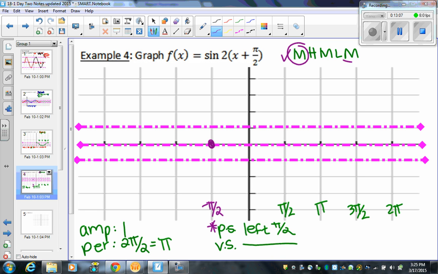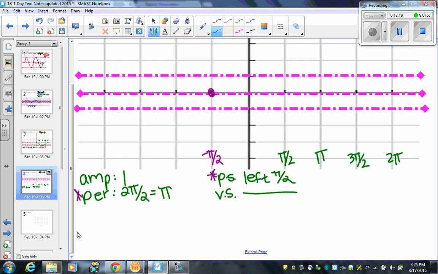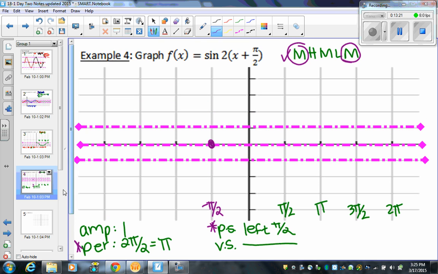Now we want to go to our last midline point. So our last point is how many units away? Well, that's determined by our period. We had a period change, and our period is pi units. So how many spaces is pi units? Well, that's 2 spaces from 0 to pi.